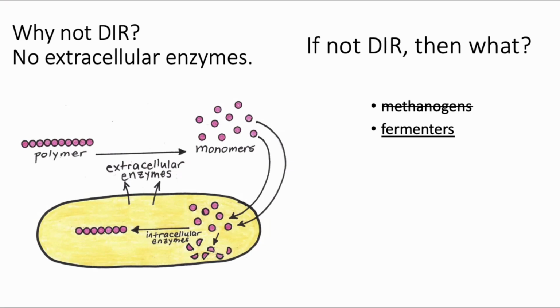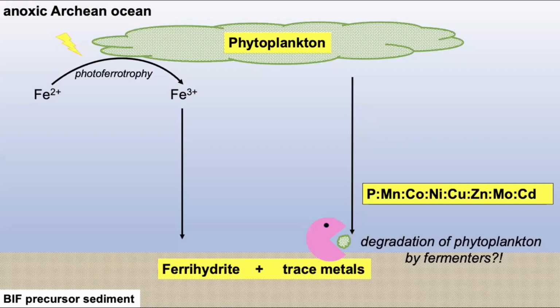I don't know what the proper microbiology terms are, to be fair, but there doesn't seem to be any evidence that they do any extracellular enzyme production either. So it just doesn't seem to be something that DIR bacteria do, in which case it seems more likely that there's just another type of heterotrophic bacteria facilitating this process.